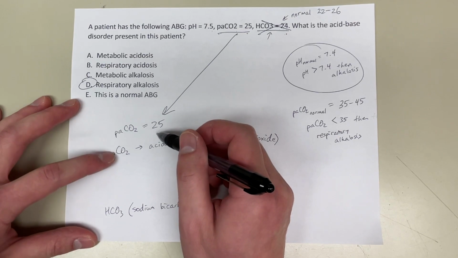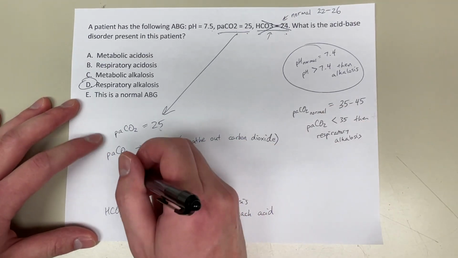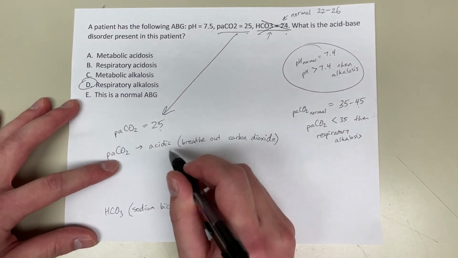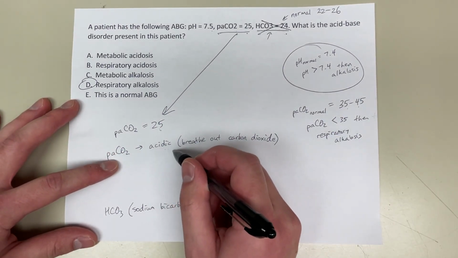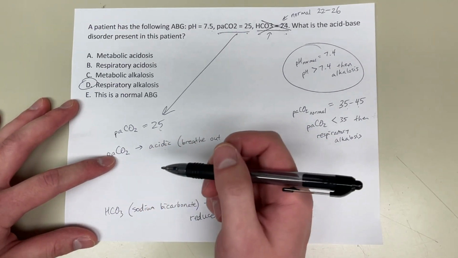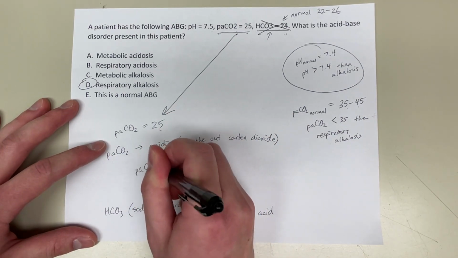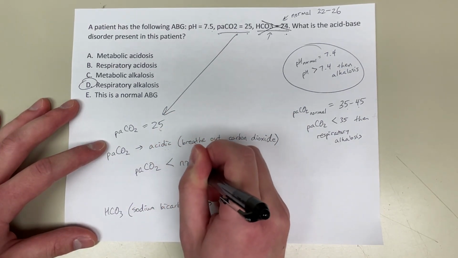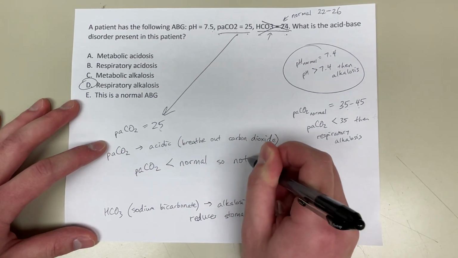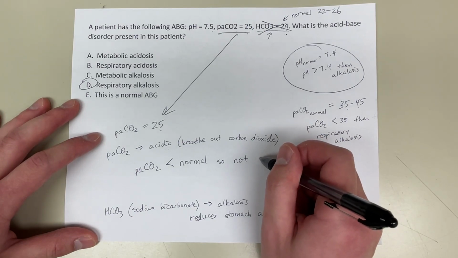So since this carbon dioxide is 25 and the normal carbon dioxide is 35 to 45, this carbon dioxide is lower than the normal, so that would mean that it's not acidic. PaCO2 is less than the normal, so it's not acidic.